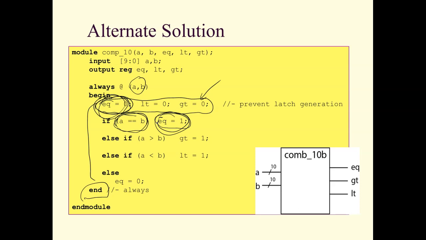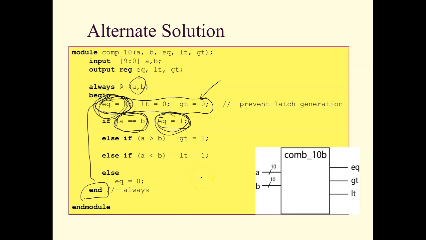That's perfectly valid. That's what you're kind of expected to do when you're working with these circuits. But the important thing is values are not assigned. They're scheduled to be assigned, and the assignment doesn't happen until the always block terminates.